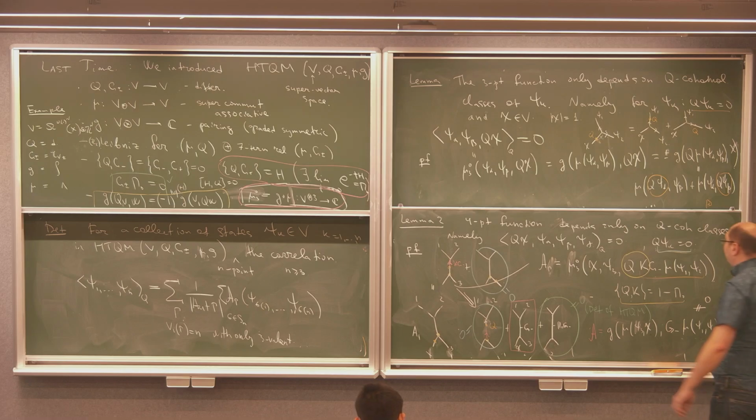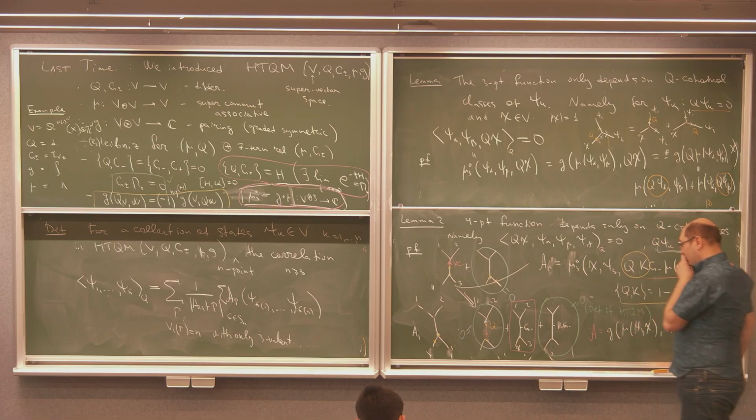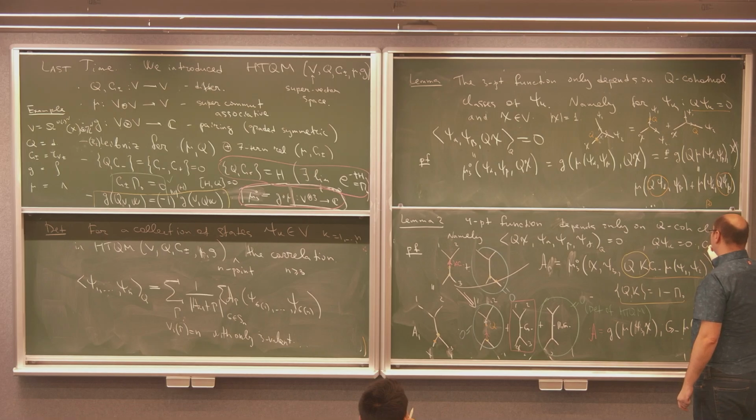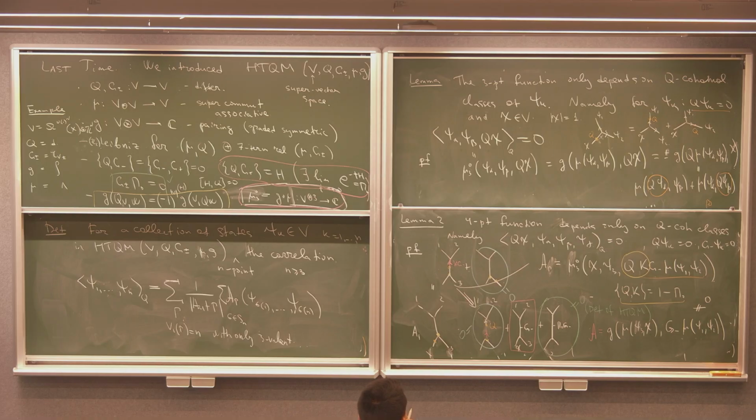So maybe our lemma is not correct. Maybe we were too fast to generalize the idea that correlation functions only depend on cohomology. However, the lemma as formulated on the board indeed is not correct, unless we make an additional assumption that G minus acting on all external states is also 0.